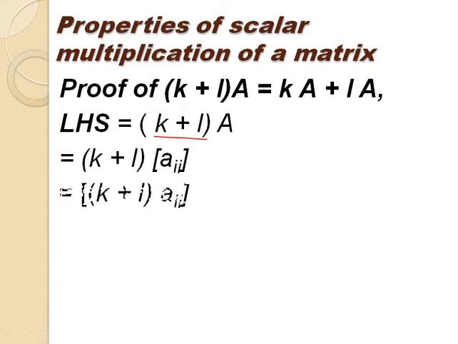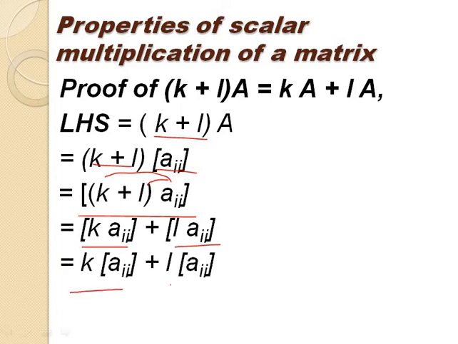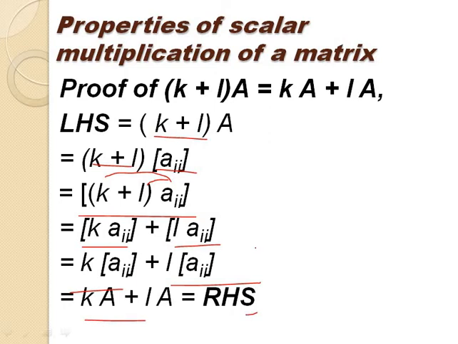Again we are adding. You can see this scalar is multiplied by each individual element of the matrix. Each individual element of the matrix is being multiplied, the multiplication sign is there, and that results in separate matrices, which was to be shown.